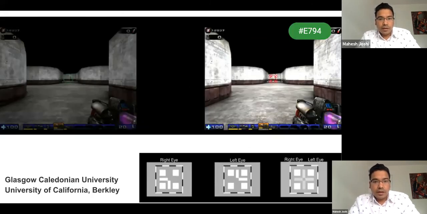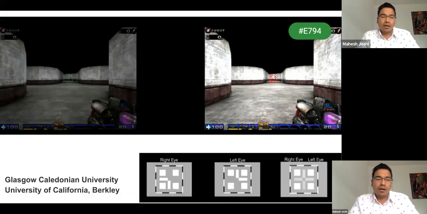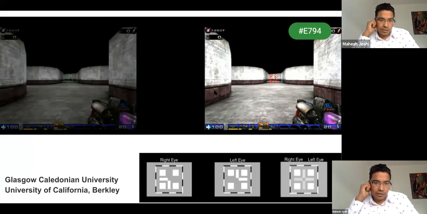The next one is another perceptual learning paradigm that I worked on after my PhD in Glasgow. In this one, instead of using simple games like that, we use an off-the-shelf action video game. For example, here we send the high contrast image to the amblyopic eye and the low contrast image to the good eye, in the hope that when you send the high contrast image to the amblyopic eye, it will improve the visual acuity of that patient.